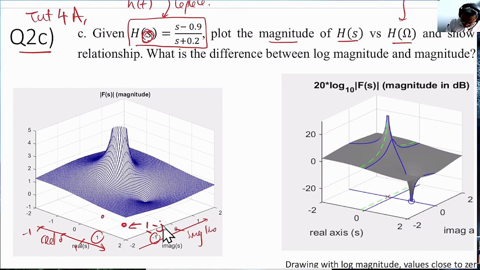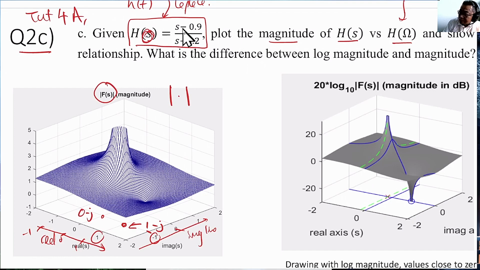And at this point is 0 minus j, and so on and so forth. By substituting different s into the above, we can plot the surface. Remember that if we put a complex number in, typically a complex number comes out. But we are plotting the magnitude, so we are taking only the absolute value of this complex number that comes out.